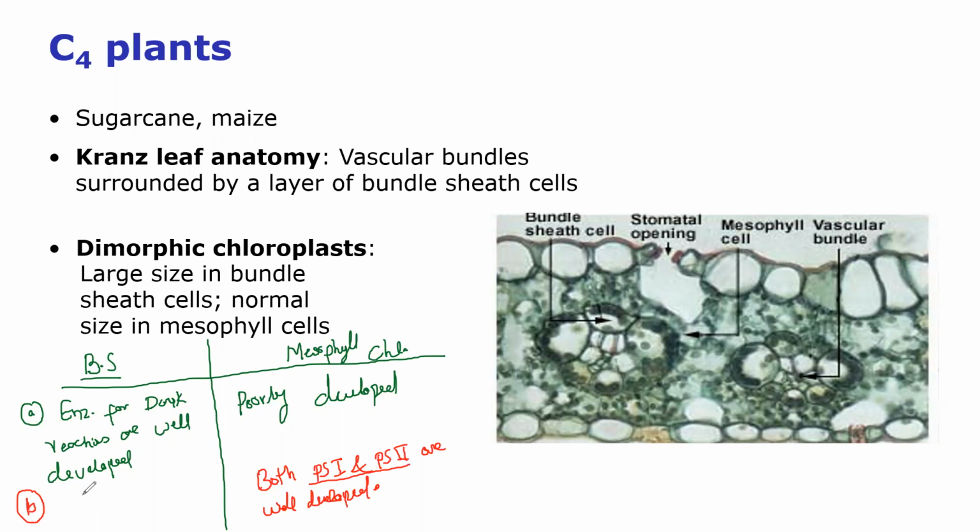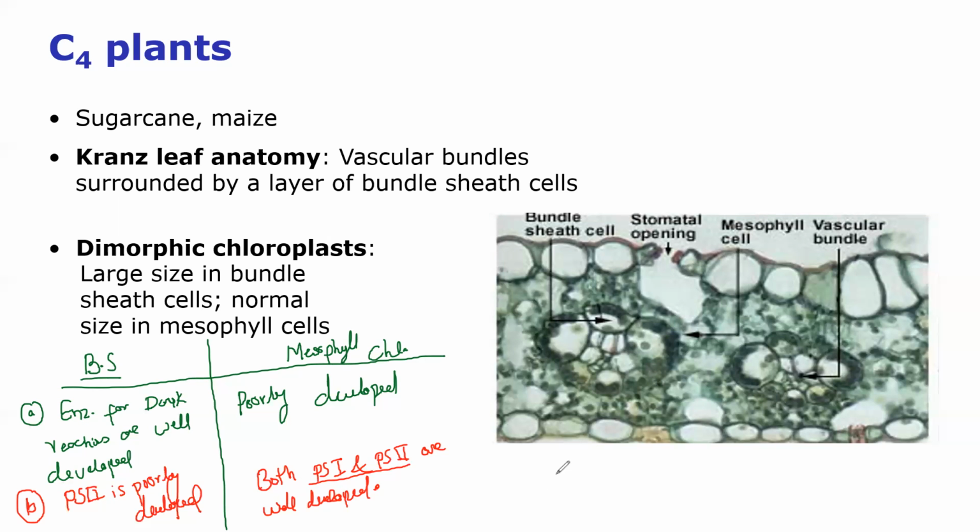But as far as the bundle sheath is concerned, here what happens? Actually, PS2 is not there, or we can say PS2 is poorly developed. Okay. So one thing again I can say, which I am drawing logically from what I have written.